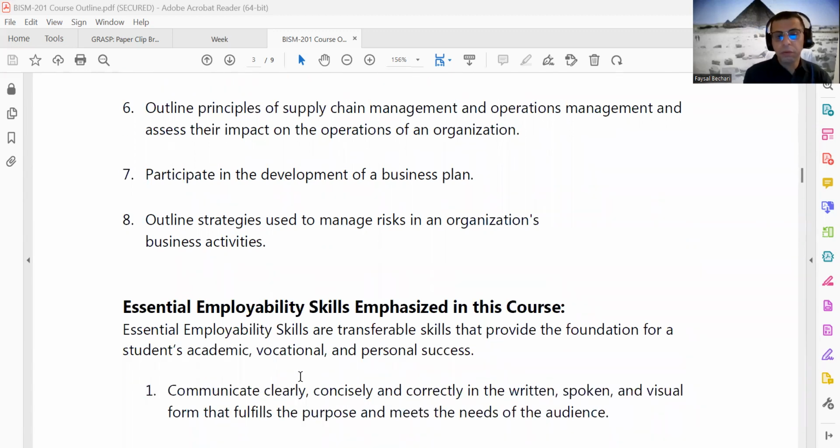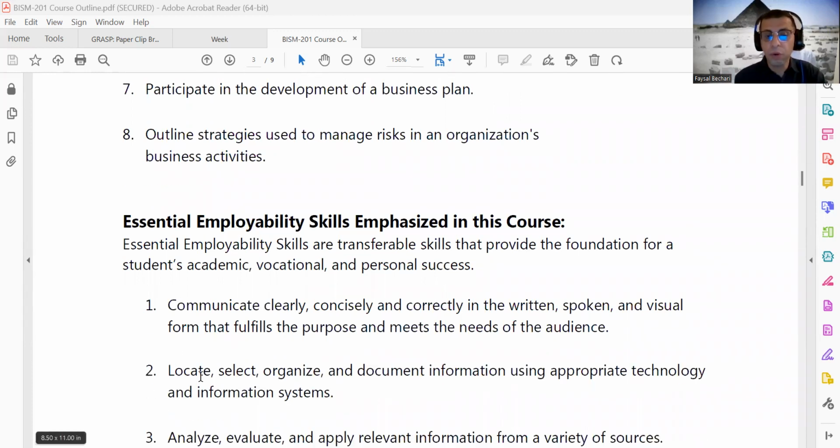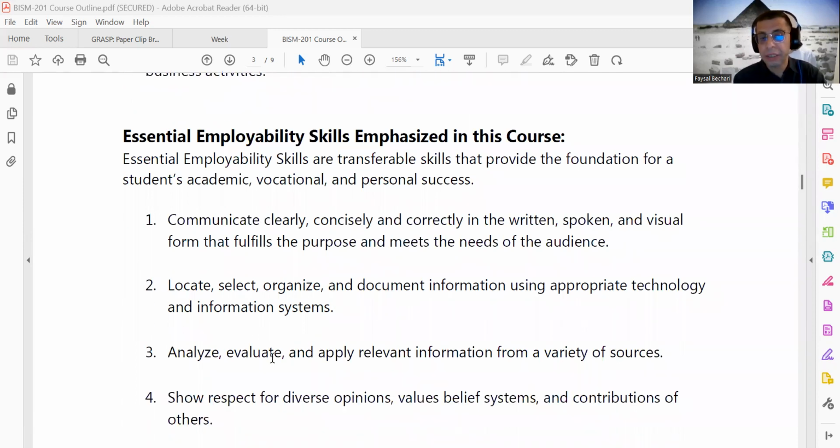Now, in this course, the essential employability skills are to communicate clearly, concisely, and correctly in written, spoken, and visual forms that fulfill the purpose and meet the needs of the audience. We will locate, select, organize, and document information using appropriate technologies, and analyze, evaluate, and apply relevant information.